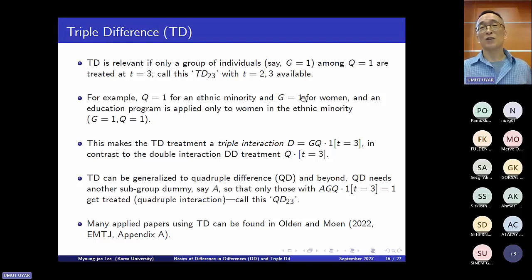Another qualification is that you have to be a woman. So the education program is applied only to women in the ethnic minority. So the qualification variable is the product of this and this. So treatment can be written in this way: treatment is G times Q times this time domain. Whereas in DD, you have the single qualification.